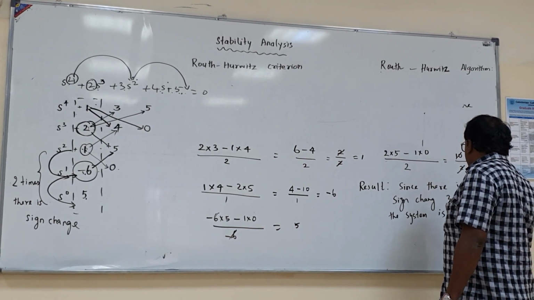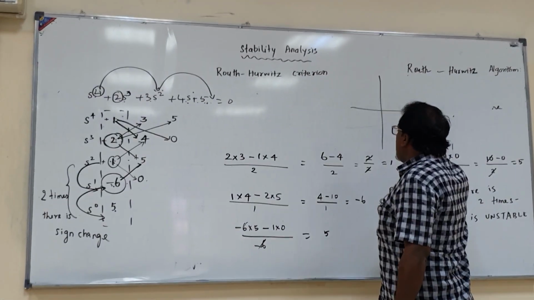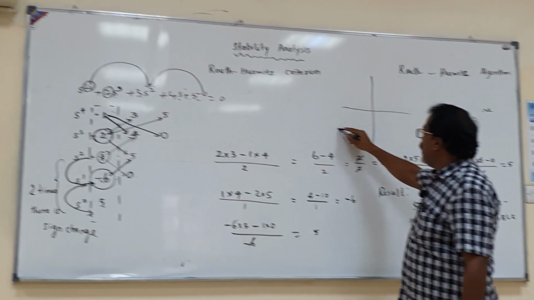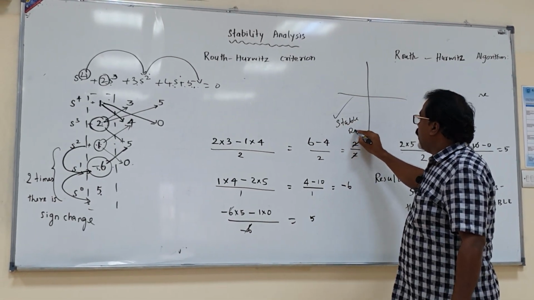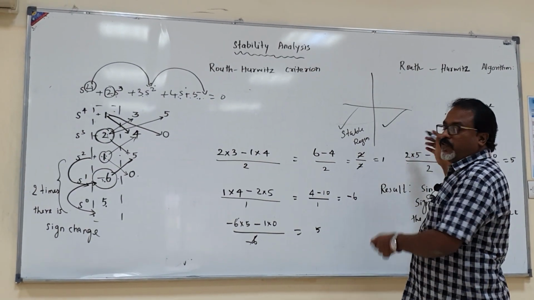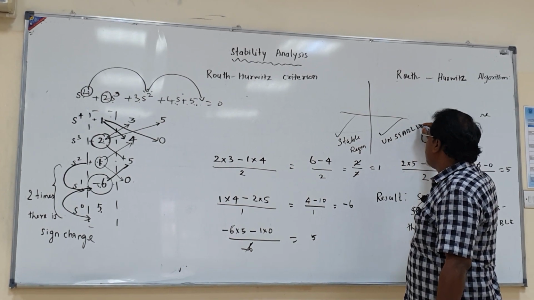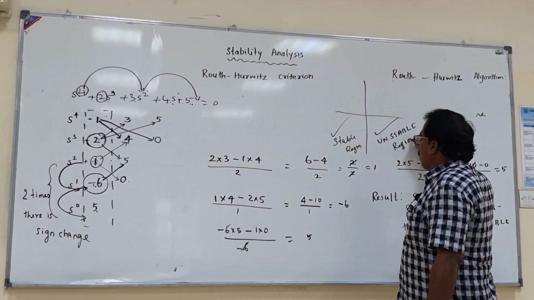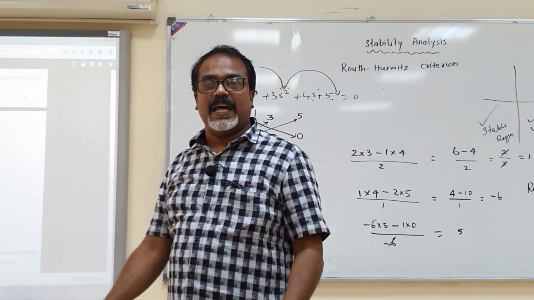Sir, how many number of roots are there? I told already there is a graph. If the roots are lying in the left half of the S-plane, then you can say it is a stable region. If the roots are lying in the right half of the S-plane, then you can say it is an unstable region. Sir, how many roots are there in the right side, and how many in the left side?